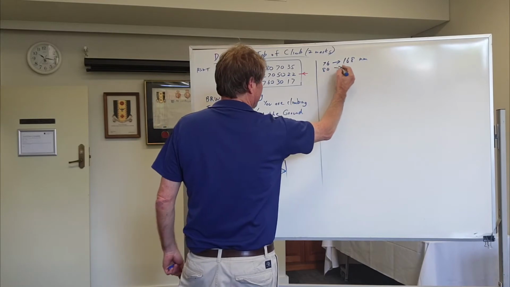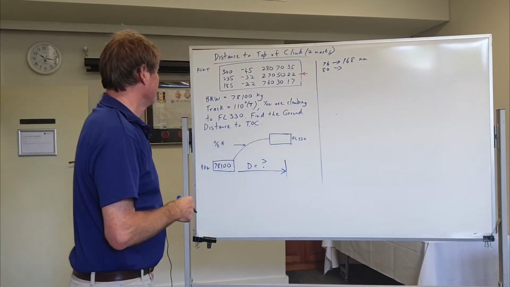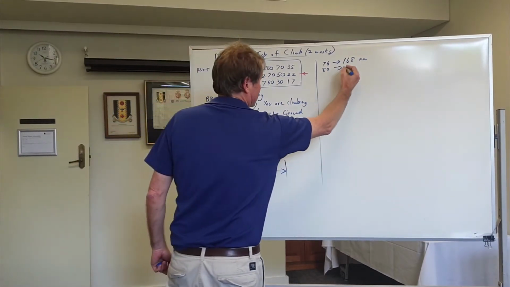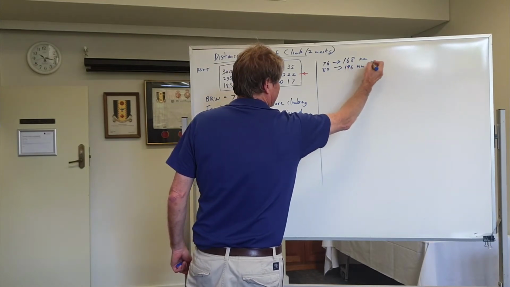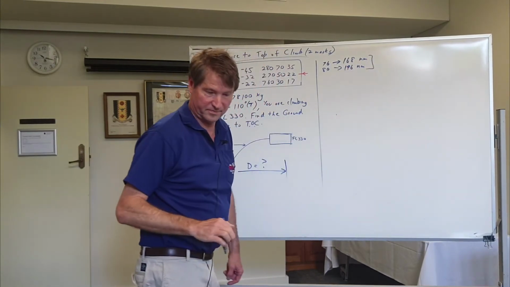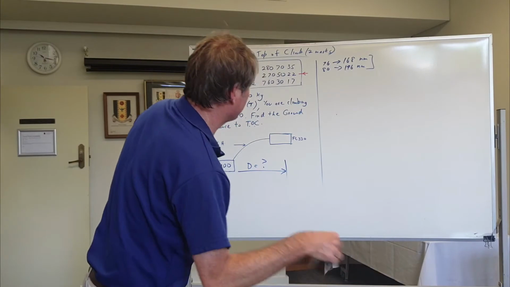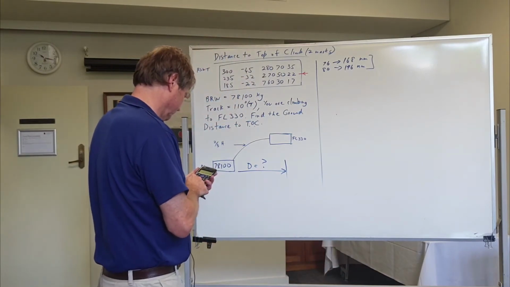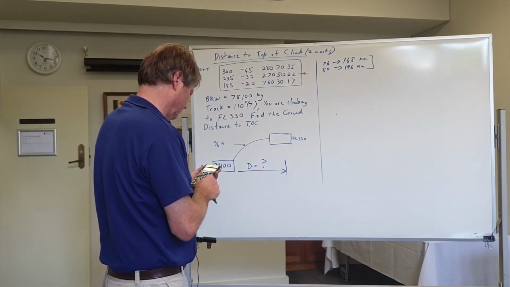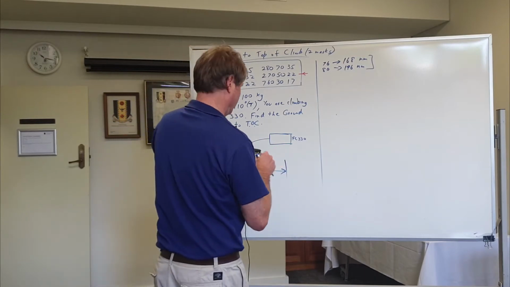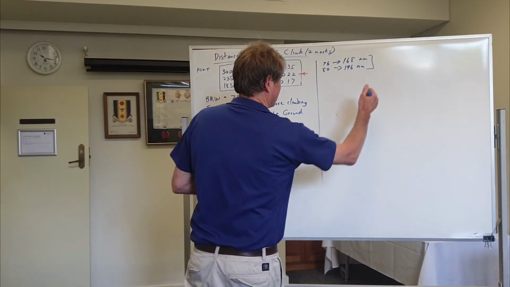We're going to go to 80, and then we're going to have to average the 2. So that's 196. 196 miles. So we're going to average those 2 numbers there. So 182.